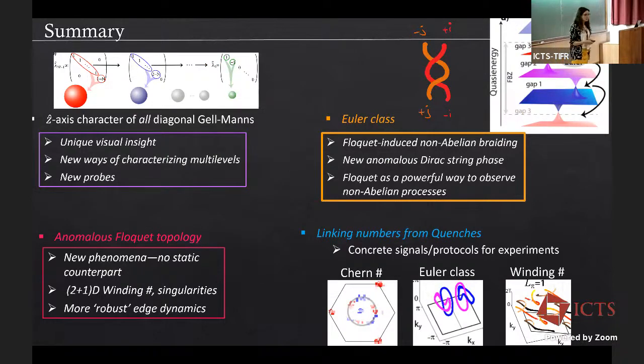So with this, let me conclude. Including also yesterday, starting with an introduction on topology and how this simple Chern number looks in a geometric way. And then this geometric way can be even extended to larger Hilbert spaces, S2 to SU(N). This can be actually quite powerful, giving this z-axis character to all gamma matrices.